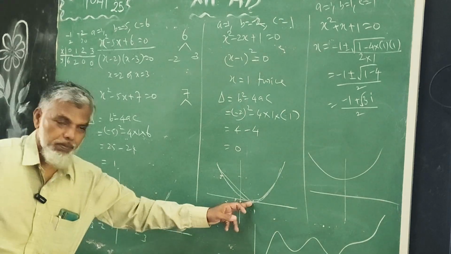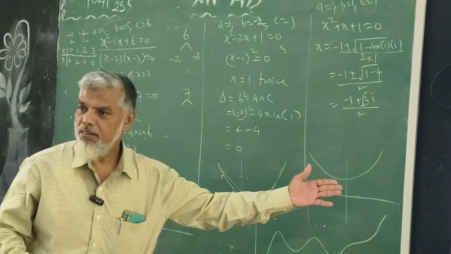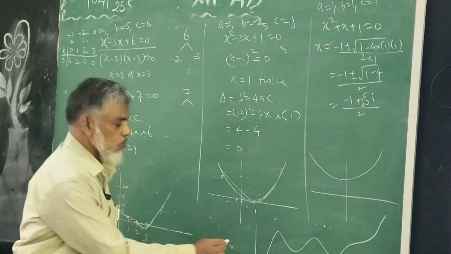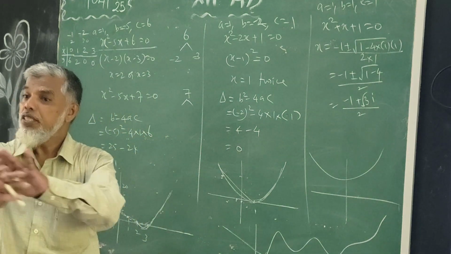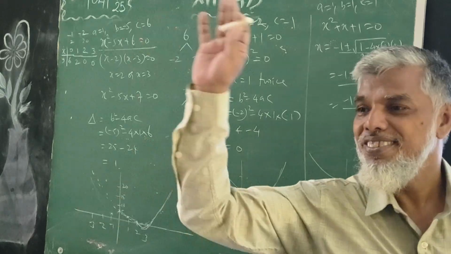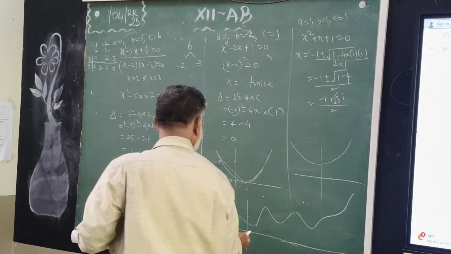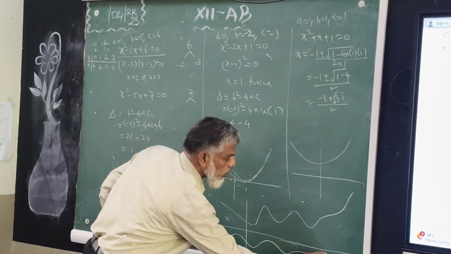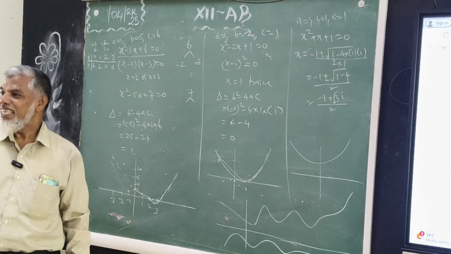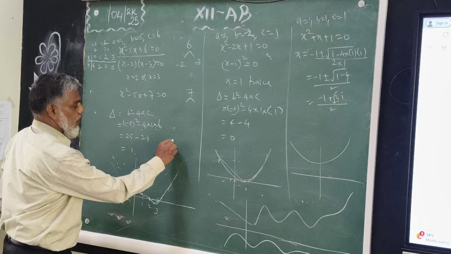Here it crosses one time, here two times, here zero times. So this equation will not have a root at all. It never crosses the x-axis.